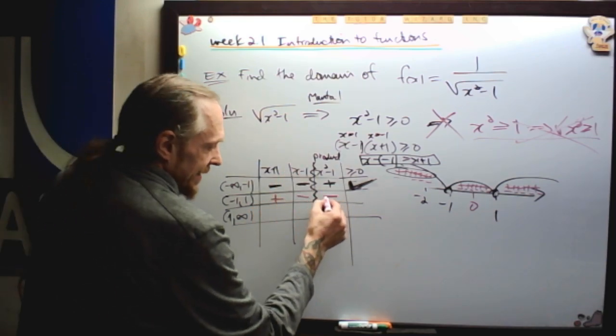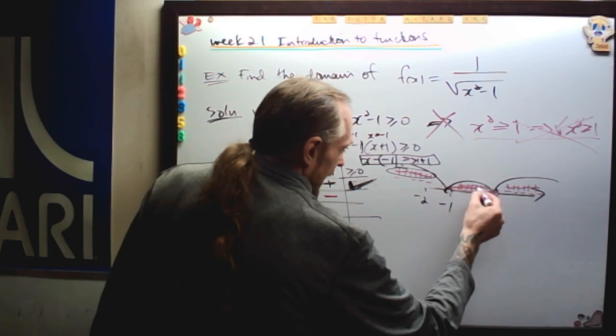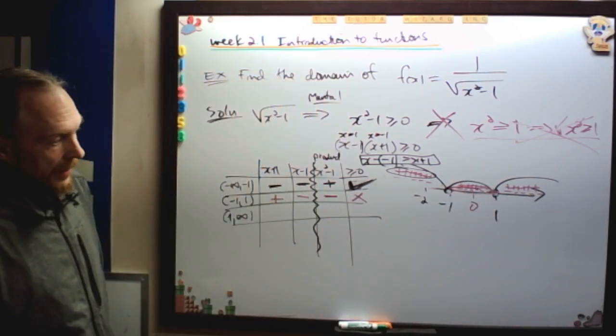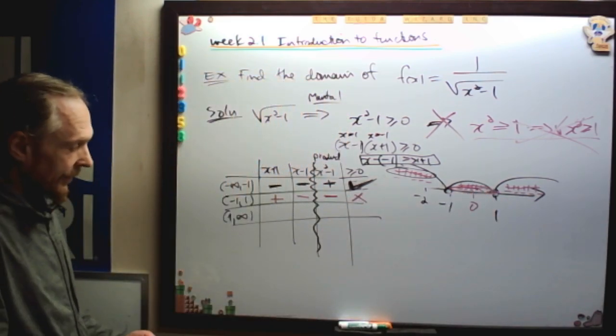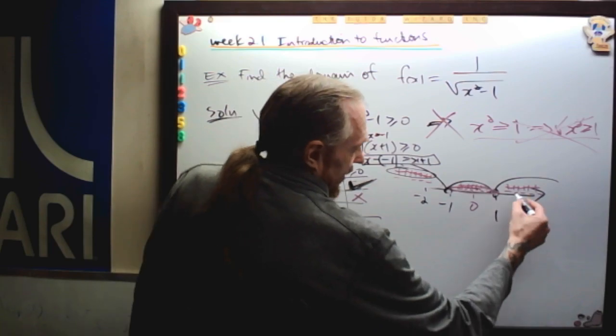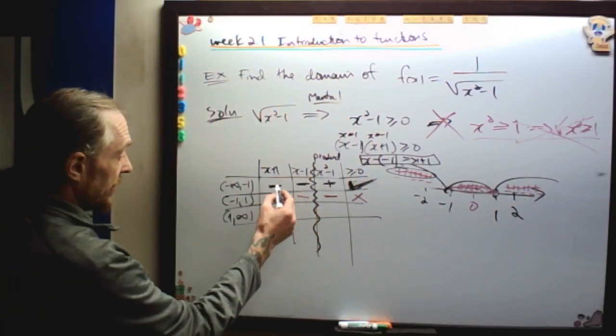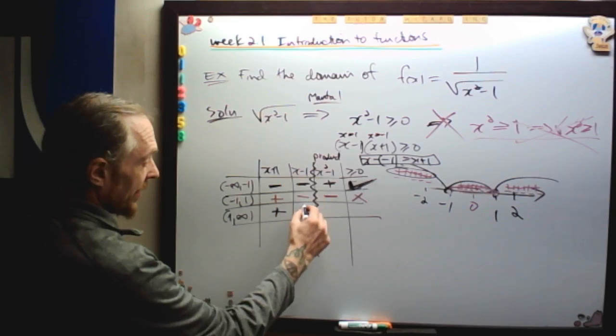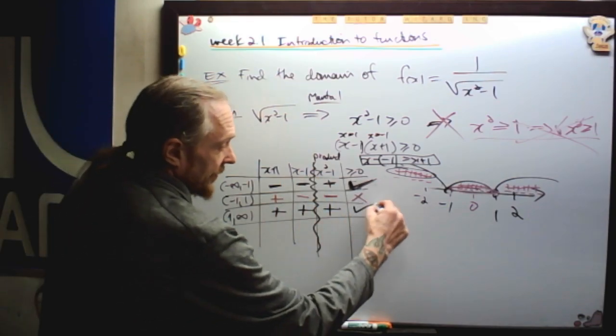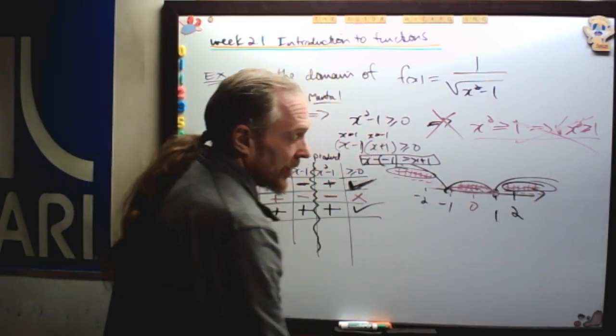Positive times negative is negative, so we get no. And in the last interval, pick any representative, say 2. 2 plus 1 is positive, 2 minus 1 is positive, positive times positive is positive, keep it. Everybody in there was positive.